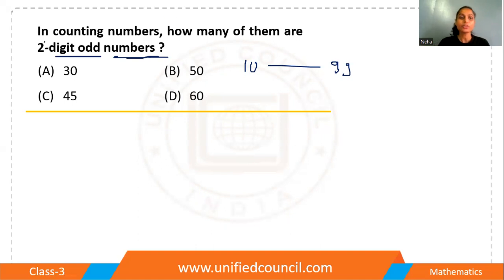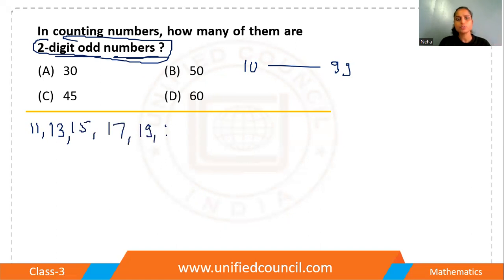Clear? The question is asking for two-digit odd numbers, right? So 10 is an even number, right? So 11 is the odd number, 12 even, 13, 14 even, 15, 16, 17, 18, 19, 20, 21, then 23, then 25.